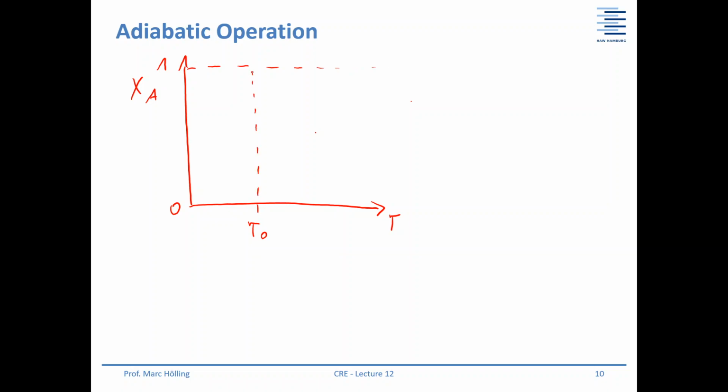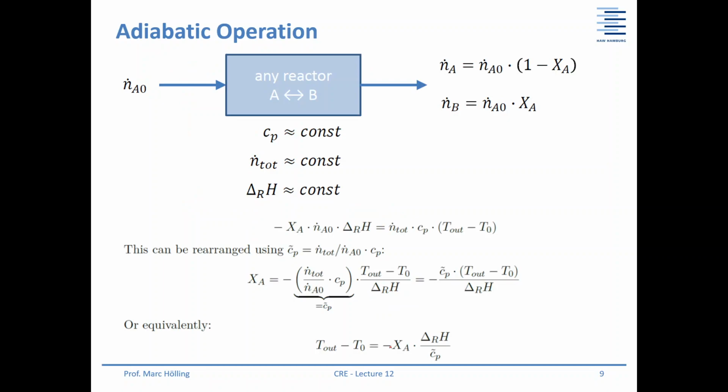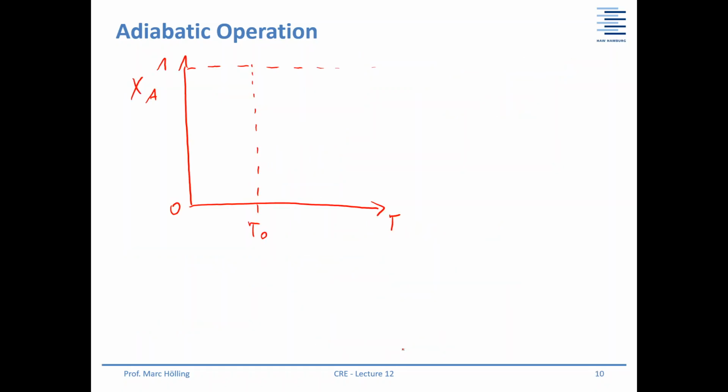So for example, if you say I want to know what would be my outlet temperature if I have 100% conversion, then I go to XA equals 1, and you have a straight line in between.